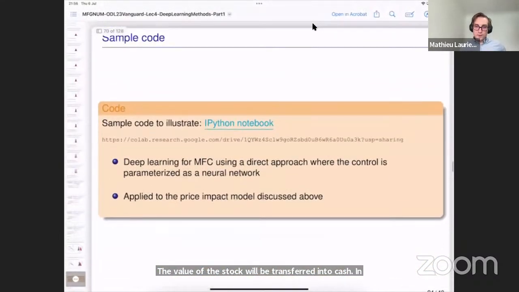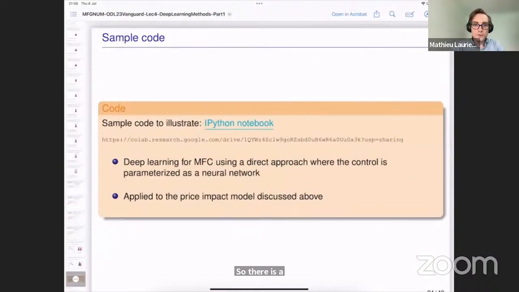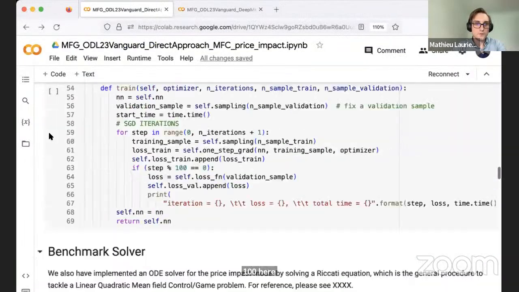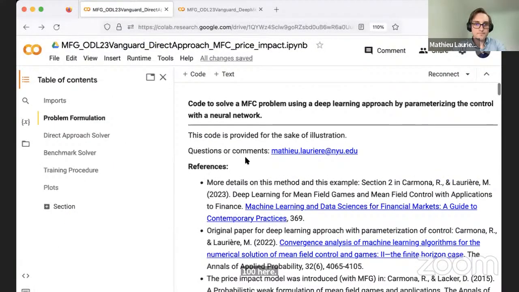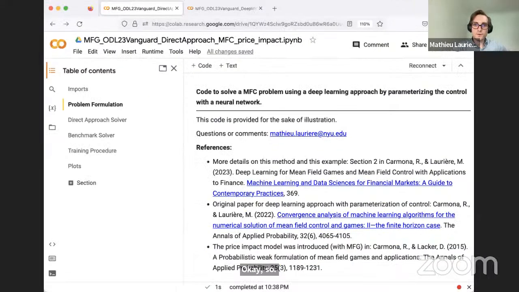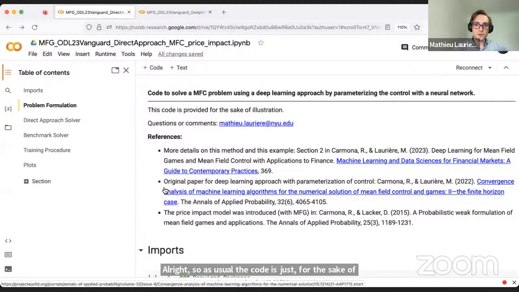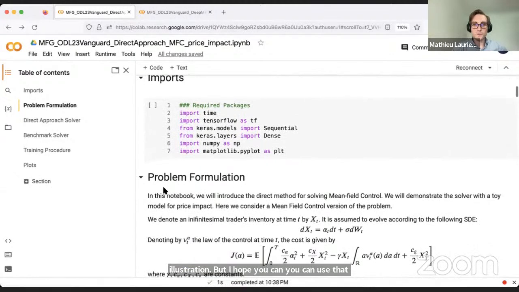So there is a sample code. Let me show you. I have it here. As usual, the code is just for the sake of illustration, but I hope you can use that to learn these techniques, and you can play with it.